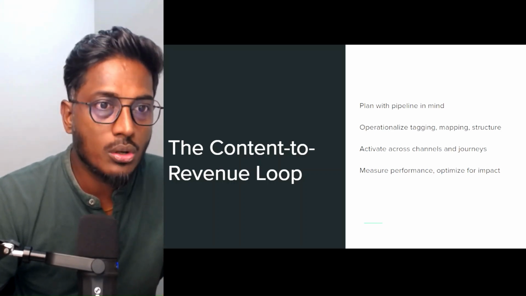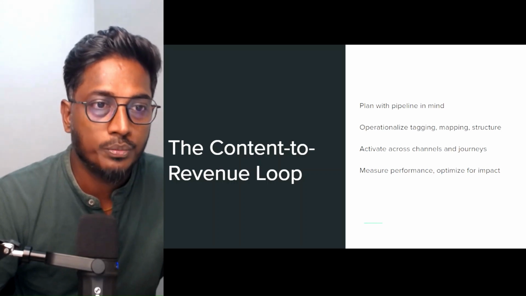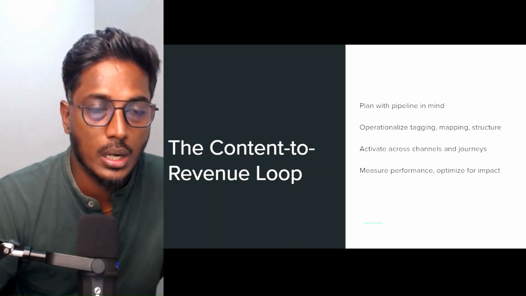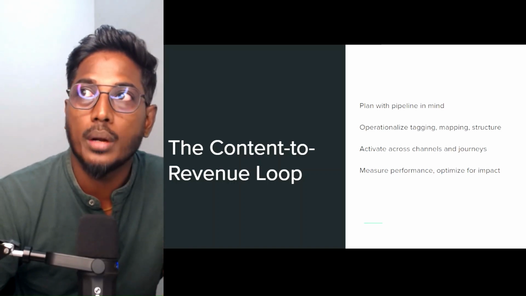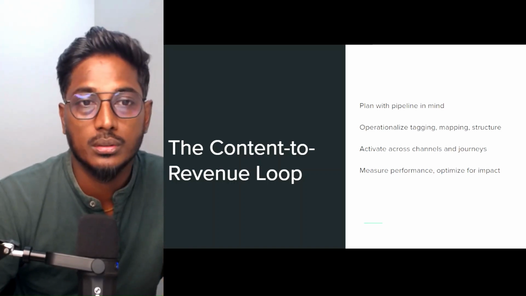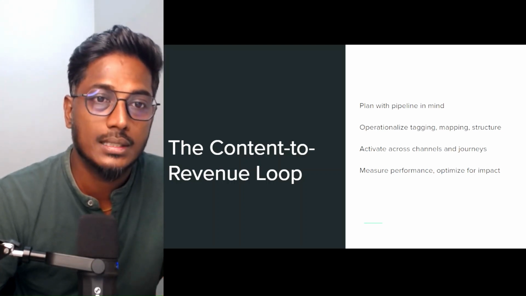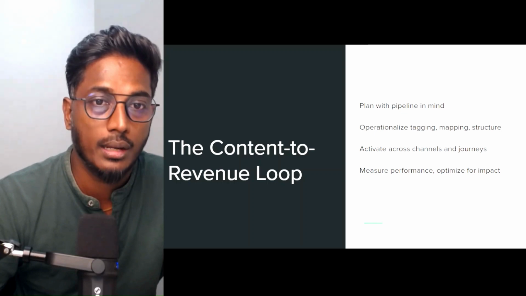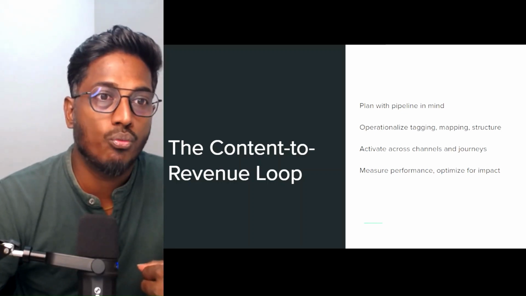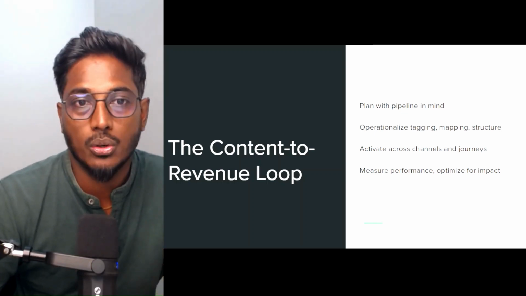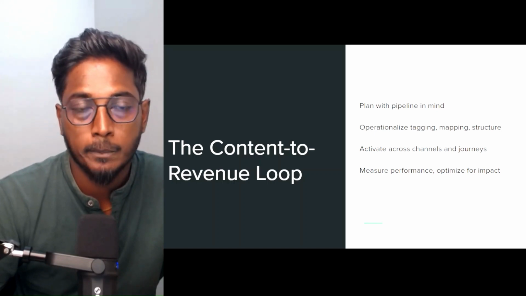That's a very good starting point, but not good enough. Instead, we begin by asking what are the sales and pipeline priorities this quarter, and what kind of content is going to fill these gaps, which segments or personas are we targeting, what are all the deal stalls, and what conversations can we influence, and which product lines or features are underleveraged in current content.